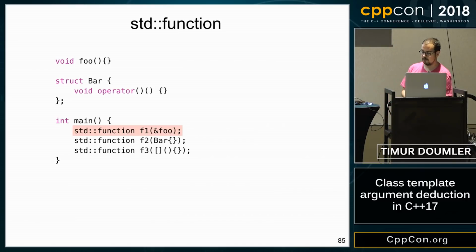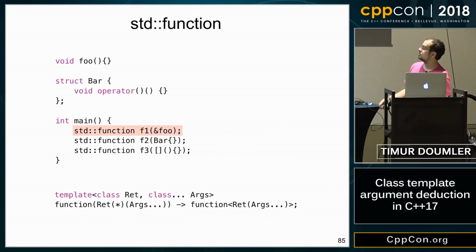For raw function pointers, it has this deduction guide where it takes the type of the function pointer, unwraps it, takes away the pointer, takes the return type and the arguments and uses them as the template arguments for the std::function. And then it also has deduction guides for the functor object case, like F2 and F3 here, which are a bit more complicated and magic, but they also work.